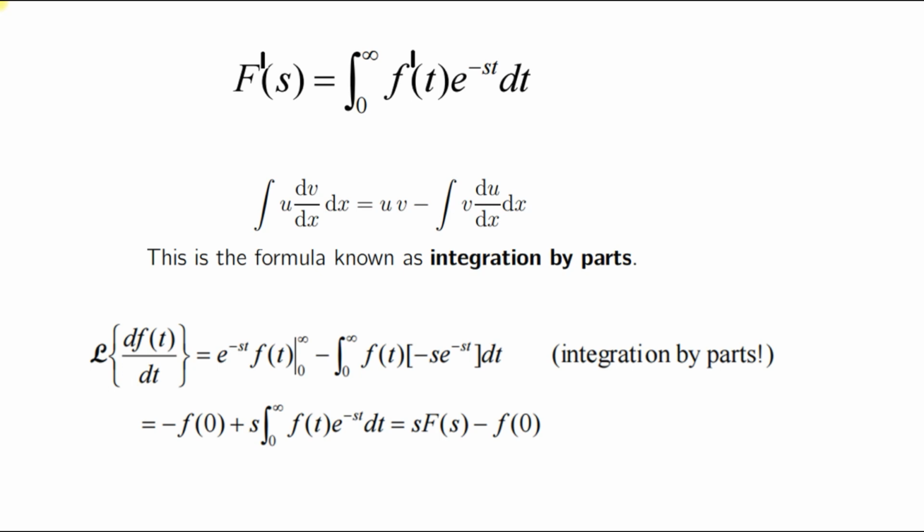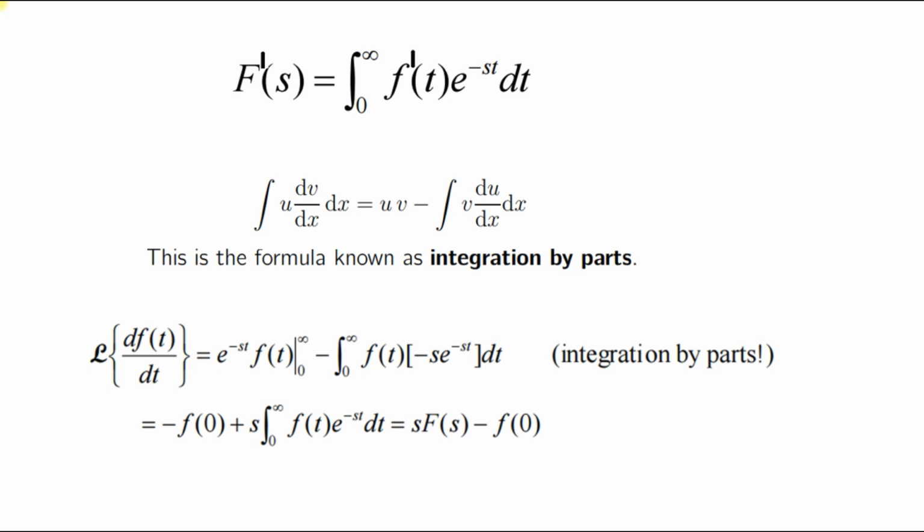Here dv by dx is f dash of t, u is e power minus st, and dx is dt. The function is replaced by uv minus integral of v into du by dx into dx. This formula is called integration by parts.